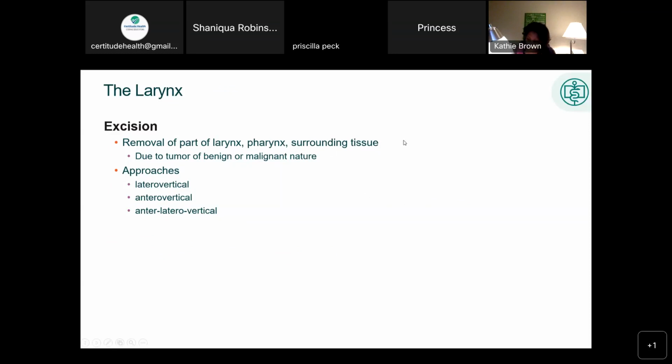And then you have surrounding tissue, even nerves. This is a heavily populated area where there are a lot of major nerves, I should say, that would affect your ability to talk, your ability to swallow, your ability to digest food. So all of that works together.